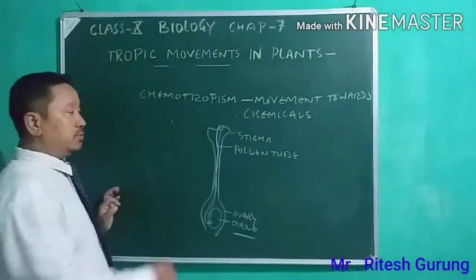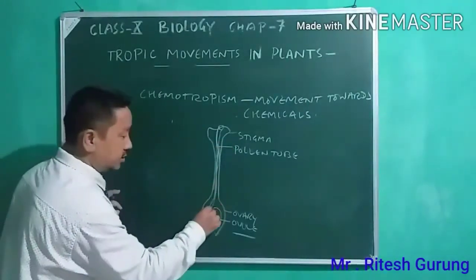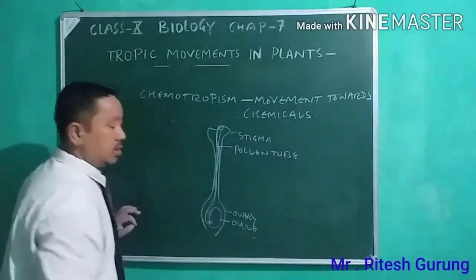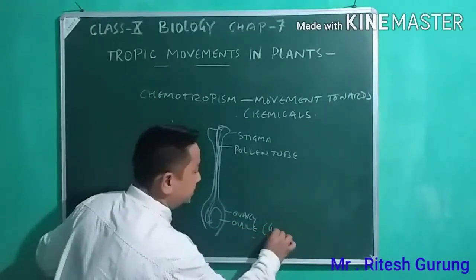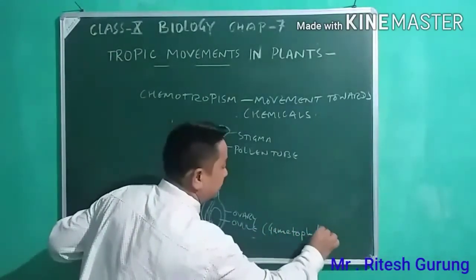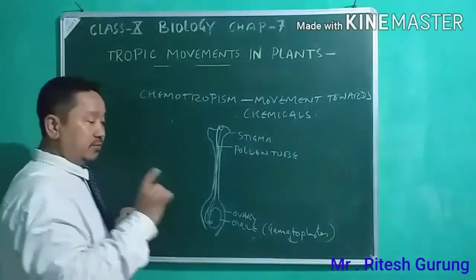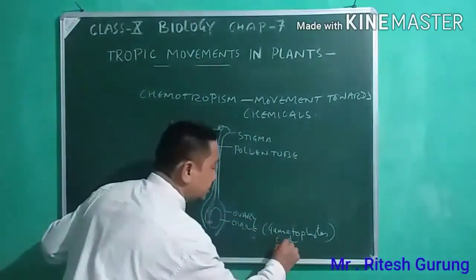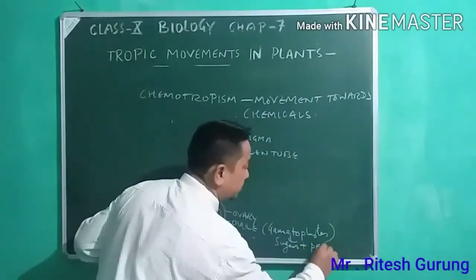So this pollen tube grows or moves towards the chemicals produced by the region called gametophytes. Gametophytes produce two different kinds of chemicals: sugars plus peptones.